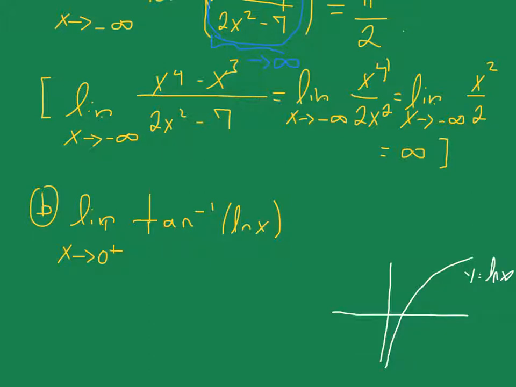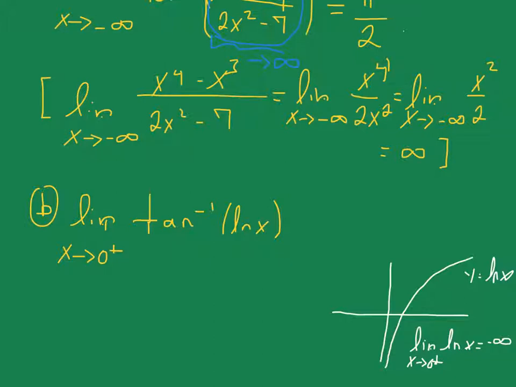We know that the limit as x tends to 0 from the right of log x is minus infinity. Looking at the picture, as x is approaching 0 from the right, what happens to the log function? Well, the log function becomes large and negative. So this limit is equal to minus infinity.